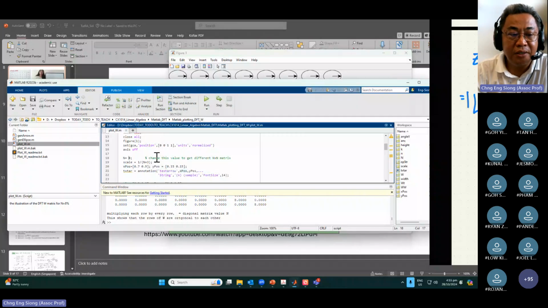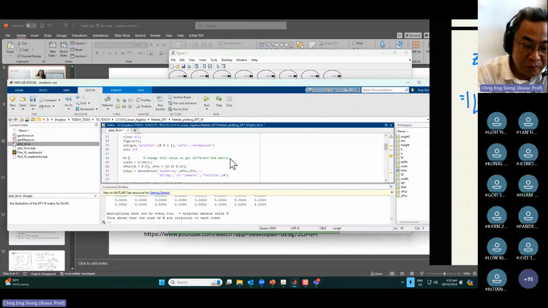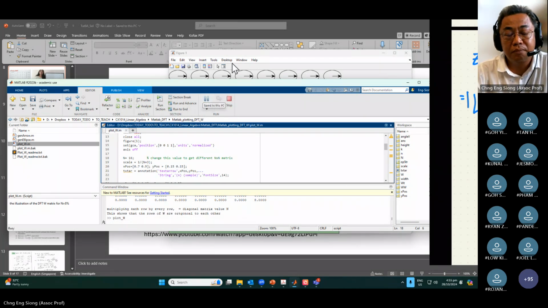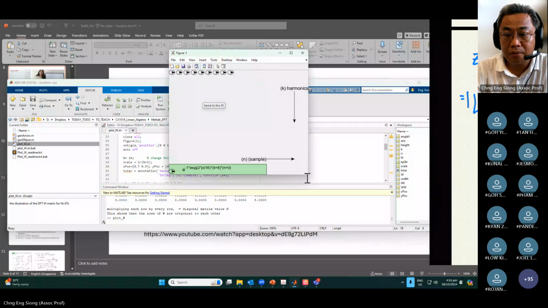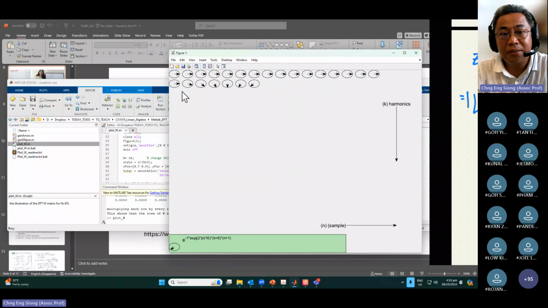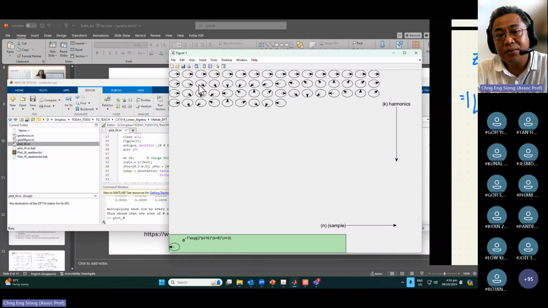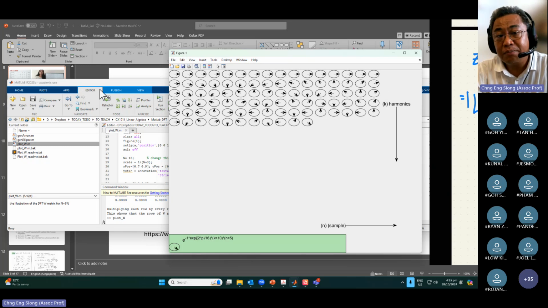Let's increase n further. N equals 16. Let's observe this. So you can see the phasor is rotating. And in the 15 samples, 0 to 15, it almost makes the whole round.